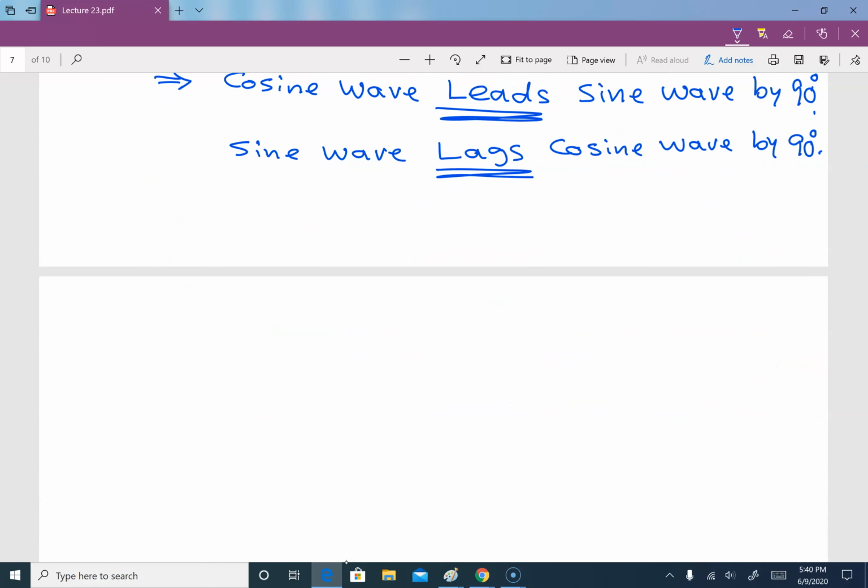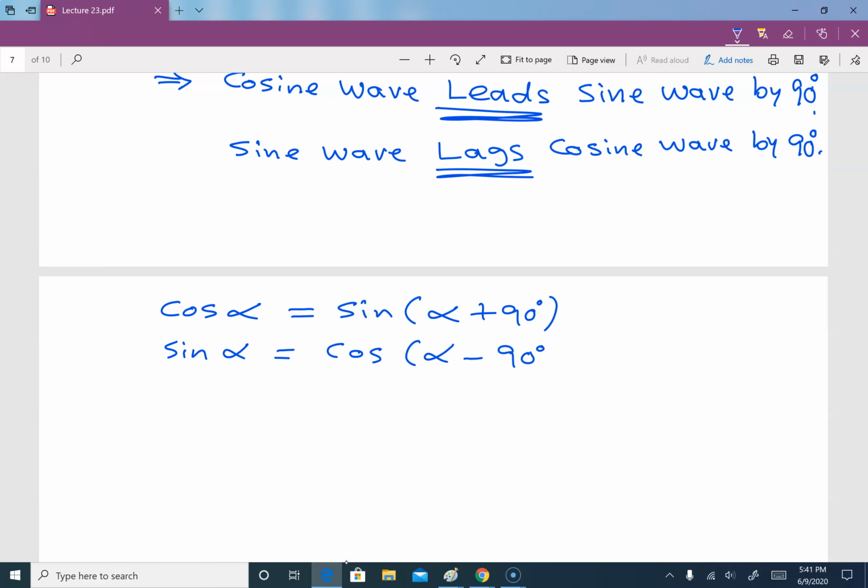So the following relationships are useful. Cosine alpha is equal to sine alpha plus 90 degrees. And sine alpha is cosine alpha minus 90 degrees. And minus sine alpha is sine alpha plus or minus 180 degrees.